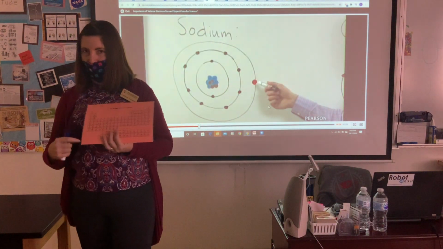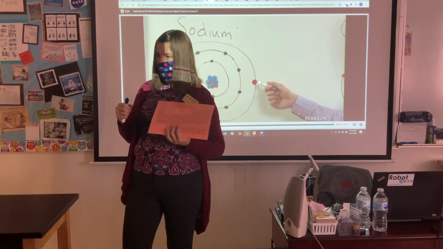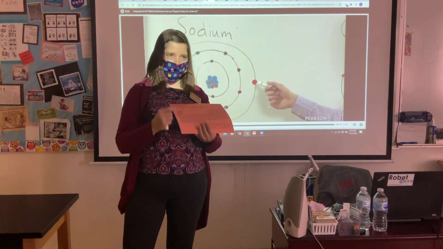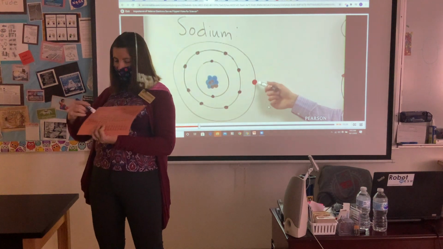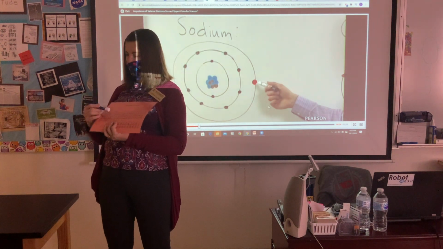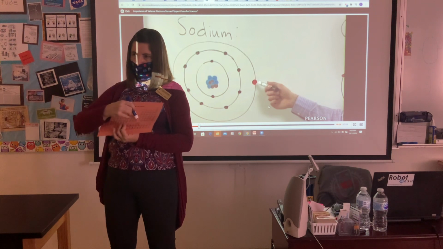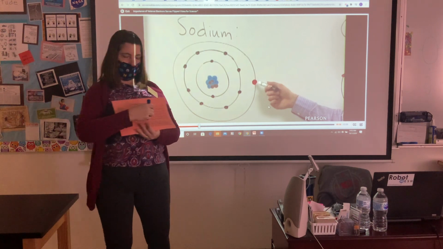So everything in group 1 has 1 valence electron. Everything in group 2 has 2 valence electrons. And then I skip over those metals that I say, hey, they're a little bit more complex. You'll talk about them in chemistry, but we're going to ignore them to a large extent for right now.